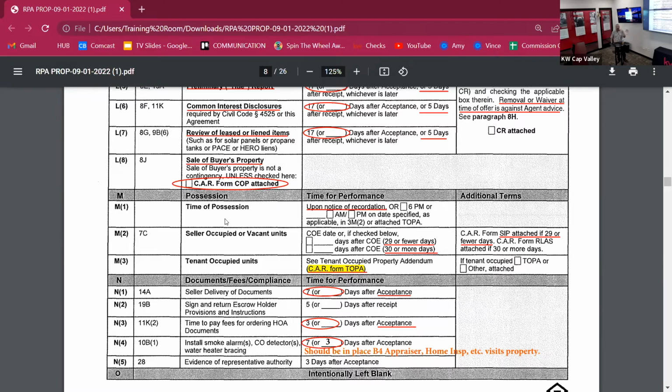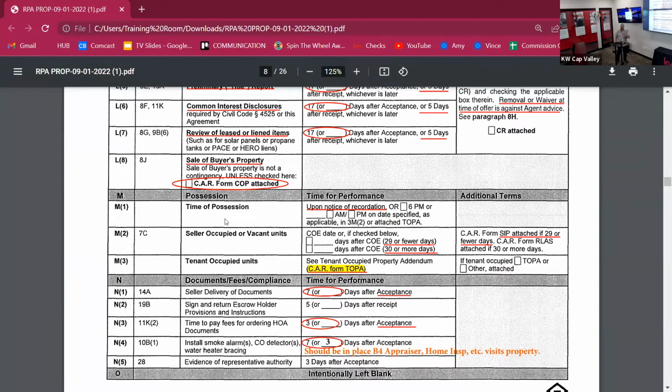At that moment, the new buyer owns the property. No ifs, ands, or buts. They own the property. They're entitled to possession, unless there is an agreement made for the seller to continue possession after. And we'll talk about that in a second.